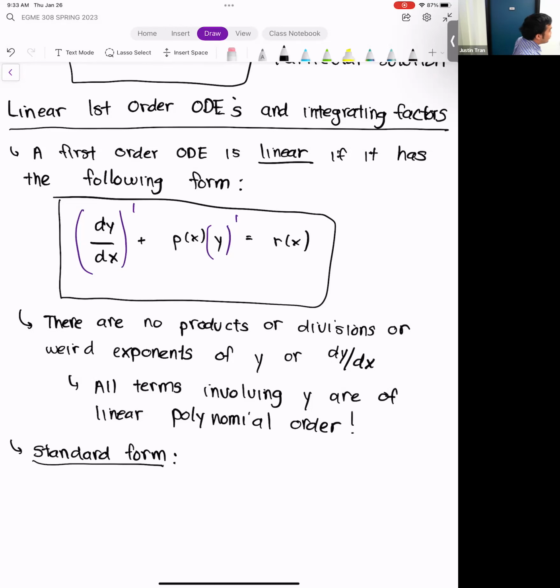But before I do that, I do want to mention one more definition, which is called standard form. And so when I mention standard form of a differential equation, that means the coefficient in front of dy dx is just one.